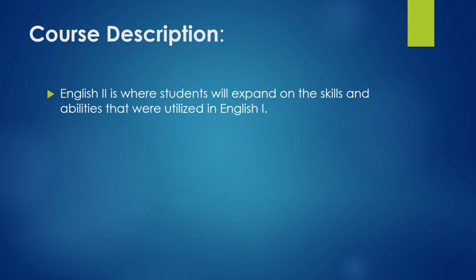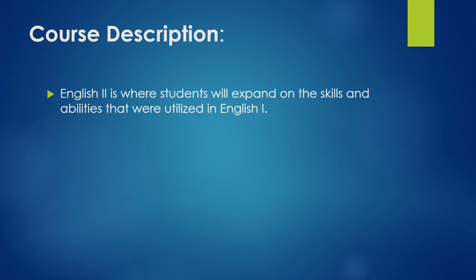Course description. So English 2 is where students will expand on the skills and abilities that were utilized in English 1. Like I say, I have been told that all of you studied English 1 last semester, so you should know how the book works.